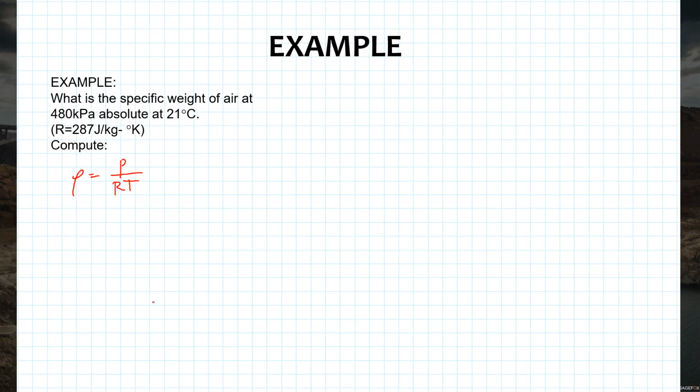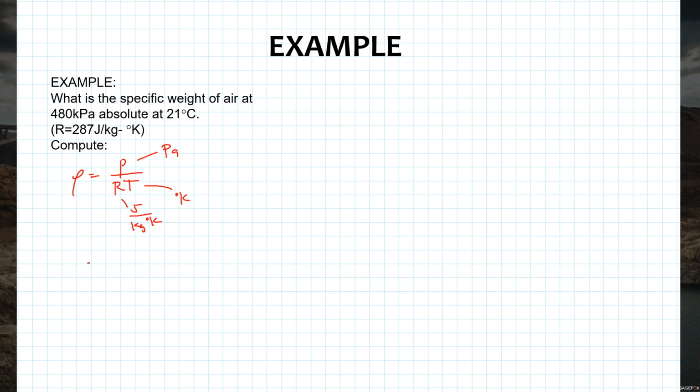But take note that with these givens, our units must be consistent. Starting with the pressure, the pressure should be in Pascal, while R is in joules per kilogram degree Kelvin, and the temperature should be in Kelvin also.